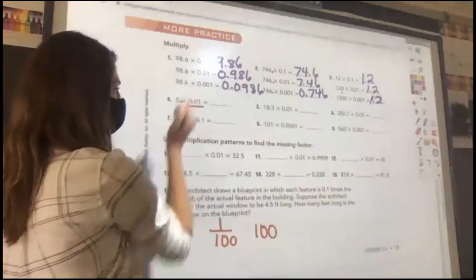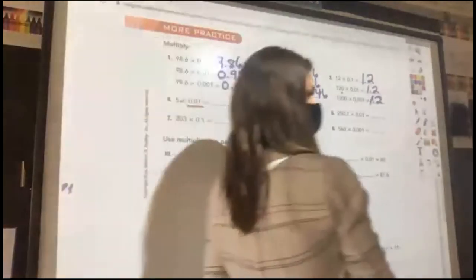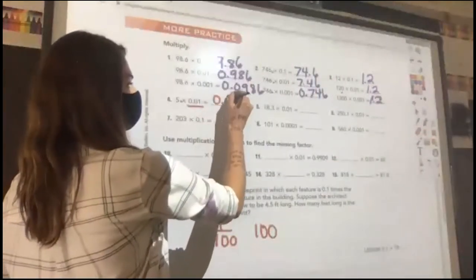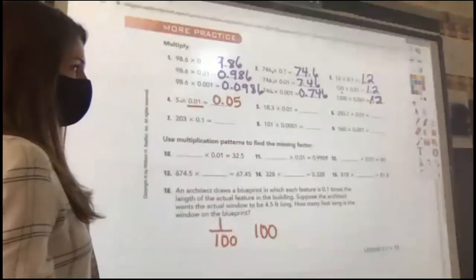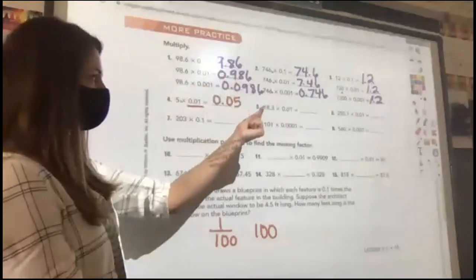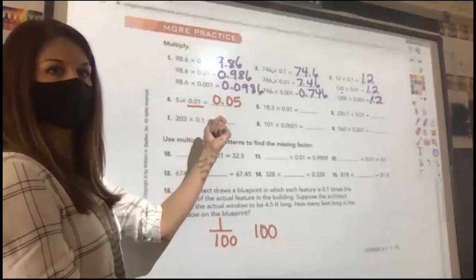So pick up the 5 and move him 2 spots. What do you end up getting? 0.05. Okay, that 5, and then you can check moving back and forth. If I move him back, is he where he started? Yep.